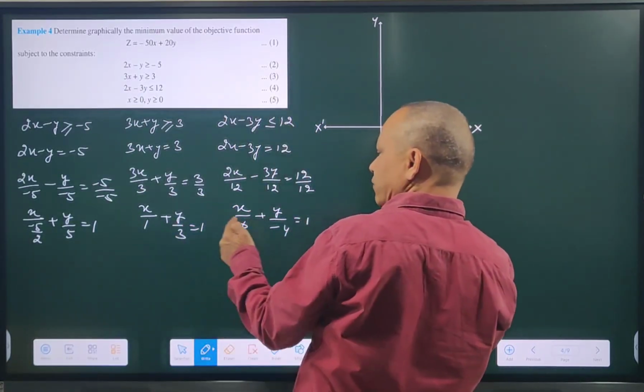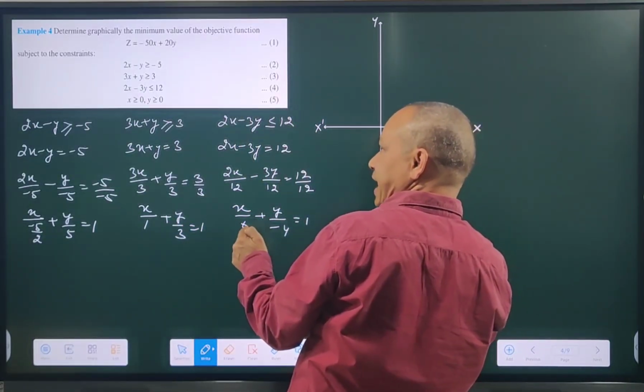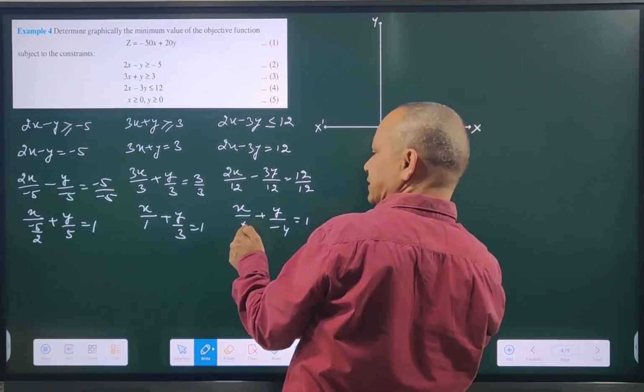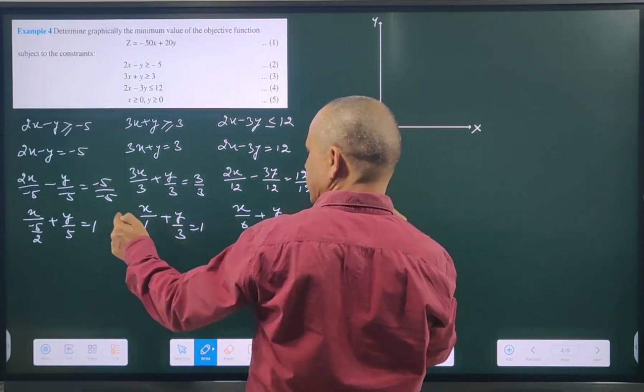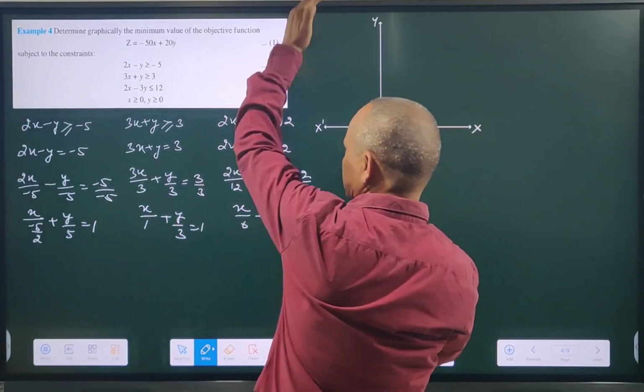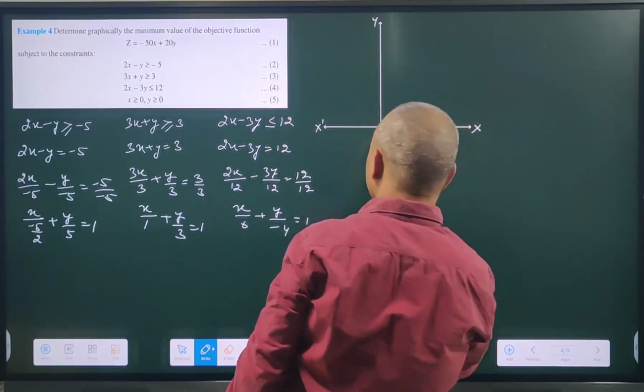That means the maximum value on the x-axis to be plotted will be 6, and on the y-axis will be positive 5 above the origin and minus 4 below the origin.